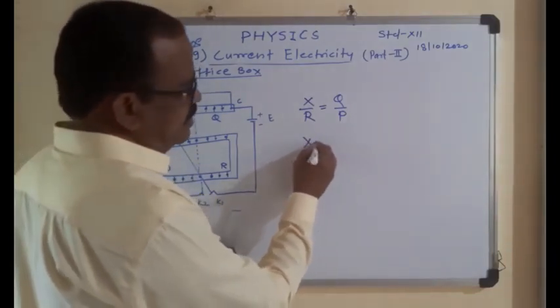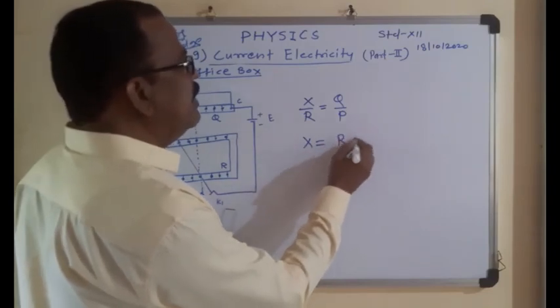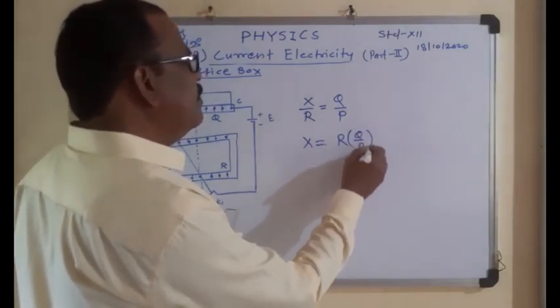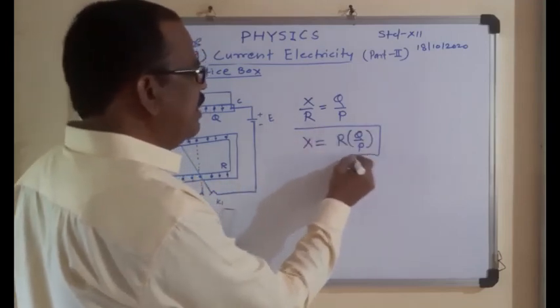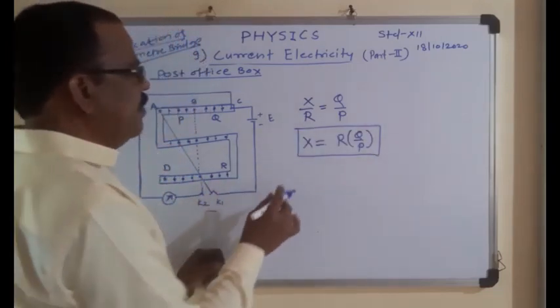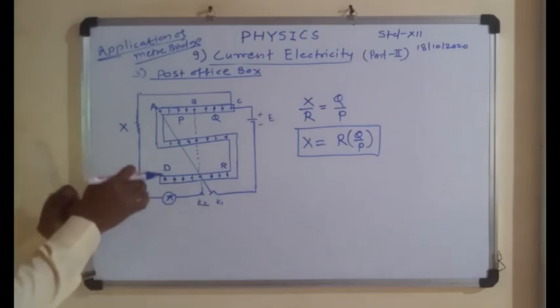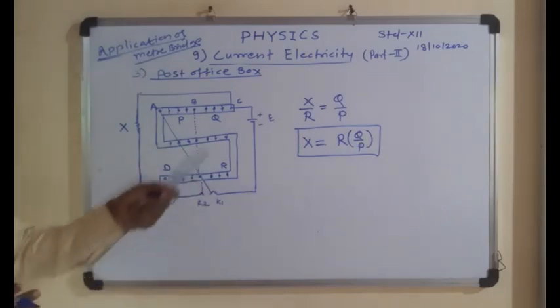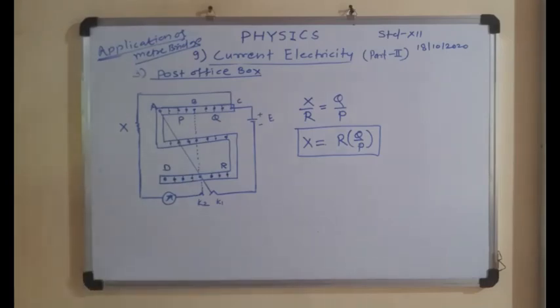Therefore X is equal to R into Q divided by P. With the help of this formula we can determine the unknown resistance which is connected in the post office box circuit. This is the third application of meter bridge.